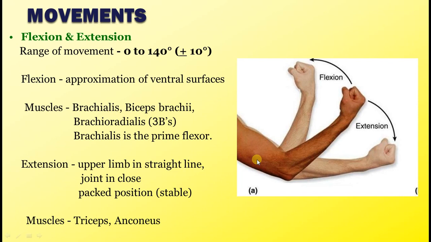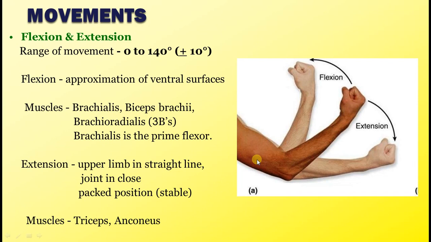Coming to the extension, what happens is, when your arm is at the resting position or in the anatomical position, when it is fully extended and in a straight line, then the extension has taken place. The joint is in a closed pack position, so that means it is the most stable position of the joint. Are you able to understand? Further extension is actually prevented by the tension on the capsule.